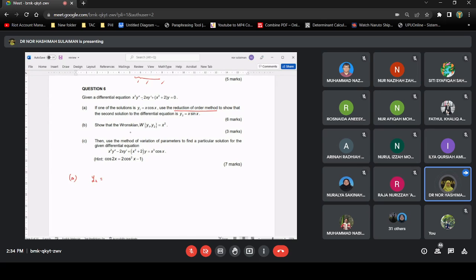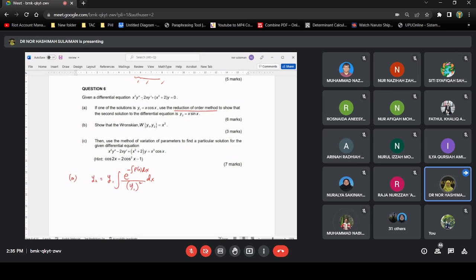Kita nak buktikan jawapan tu sama dengan yang diberikan. Spell out without looking at your notes. Saya tak aci siapa tengok nota tak aci. y2 equals y1 times the integration of e to the power of negative integration of P(x) dx, over y1 to the power of 2, dx.